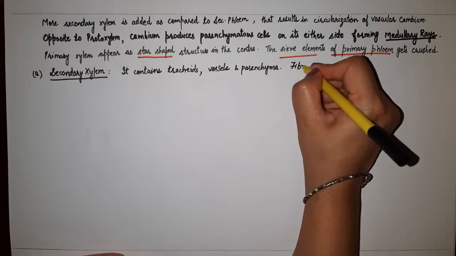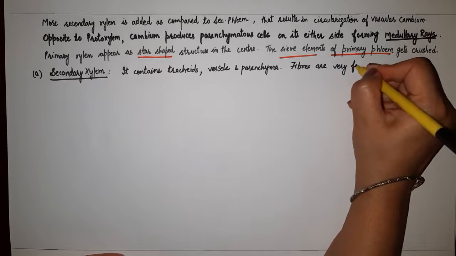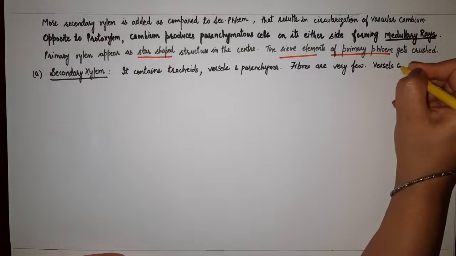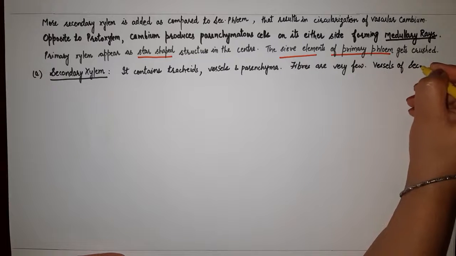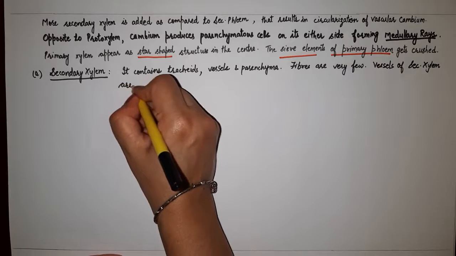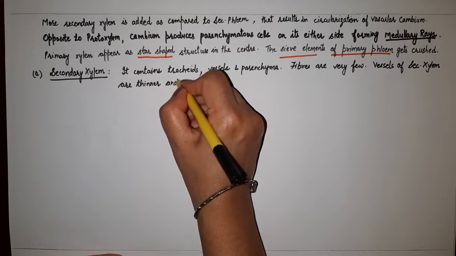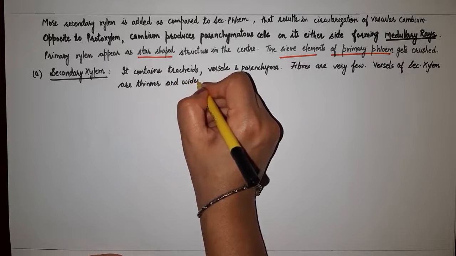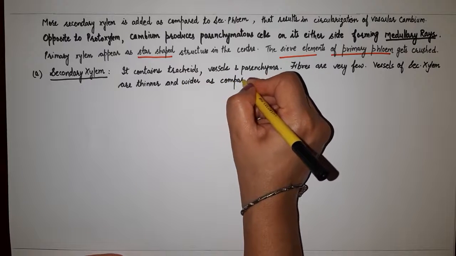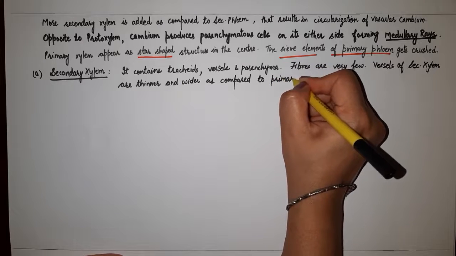The fibers are very few. Then vessels of secondary xylem are thinner and wider as compared to primary xylem.